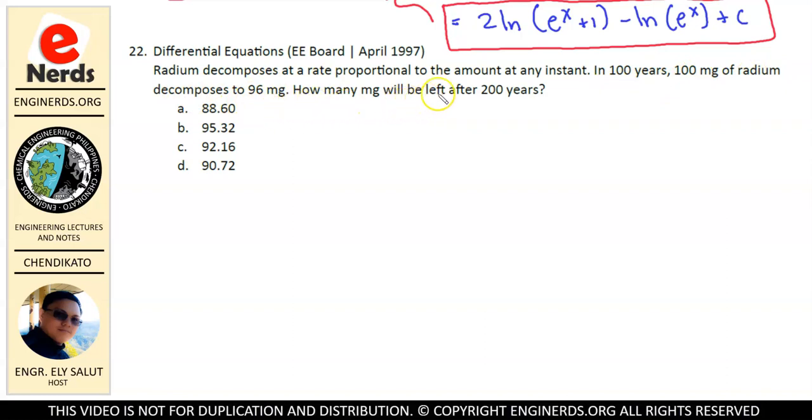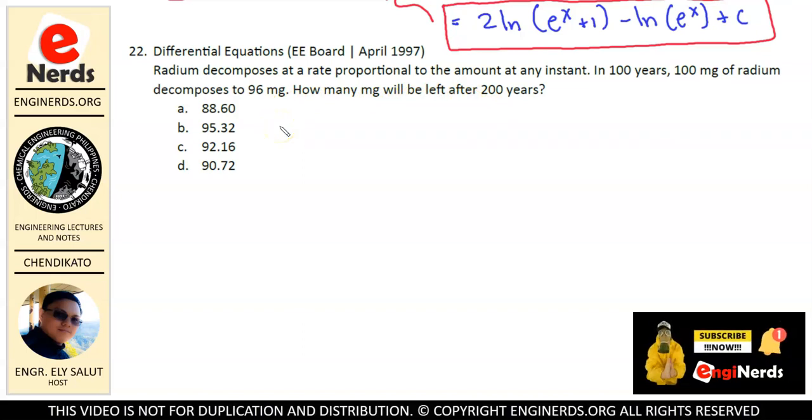How many milligram will be left after 200 years? We already studied this application of differential equations, so let us solve this now. Let Q be the amount of the substance present.